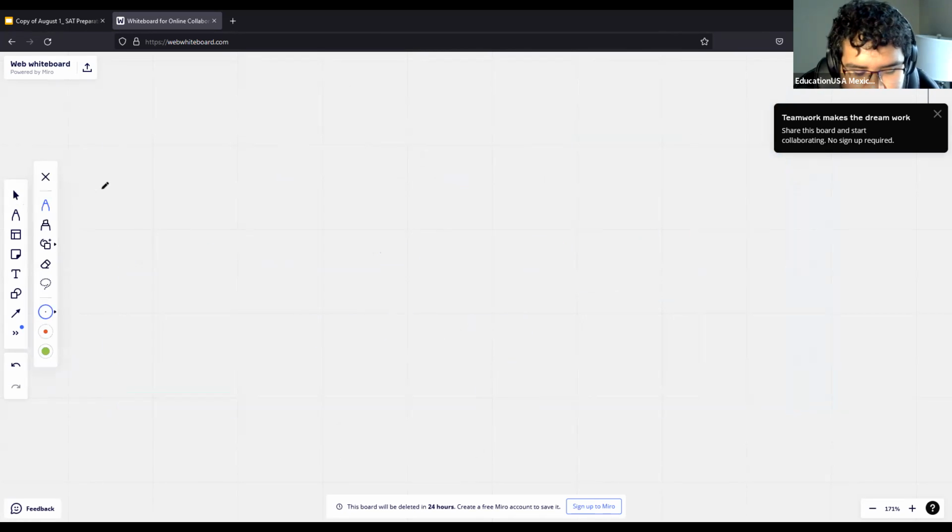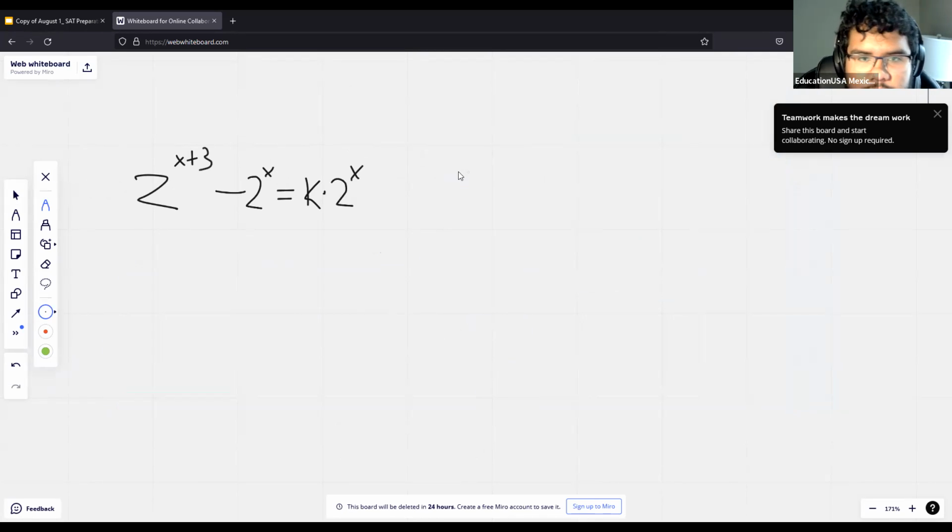So the original equation we were given here is 2 to the power of x plus 3 minus 2 to the x is equal to k times 2 to the x. Now, one of the properties of exponents that we can make use of here, given an exponent a to the power of b plus c, this can be expanded into a to the b times a to the power of c.